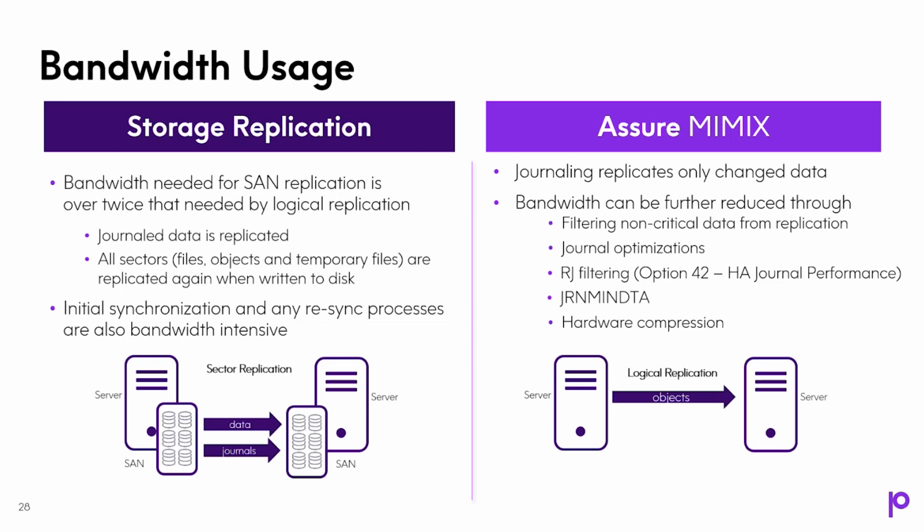So you can further reduce that if you need to by filtering journal, like remote journal filtering, and journal optimization, journal minimize entry data, hardware compression. So these are things you can do. And we have customers all over the place replicating across the country. It just works really, really well.